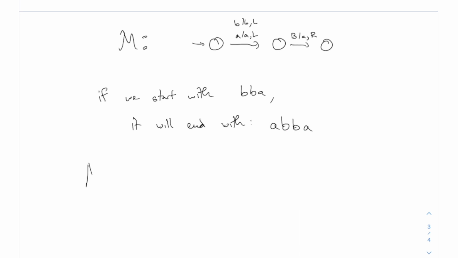We say M computes the function f of x equals ax. All right? What the function does, in simple words, is it puts an A at the beginning of the string, right? Because it moves left by one position, and where there was a blank, it writes an A into that spot.